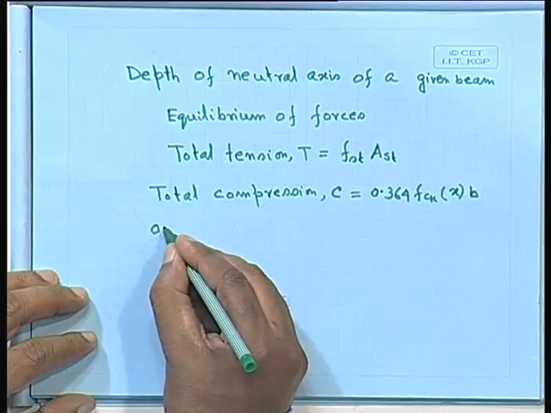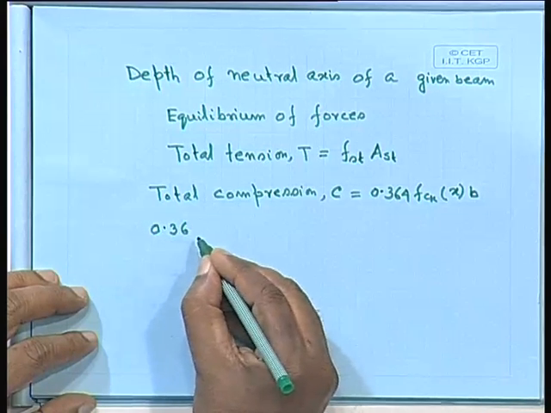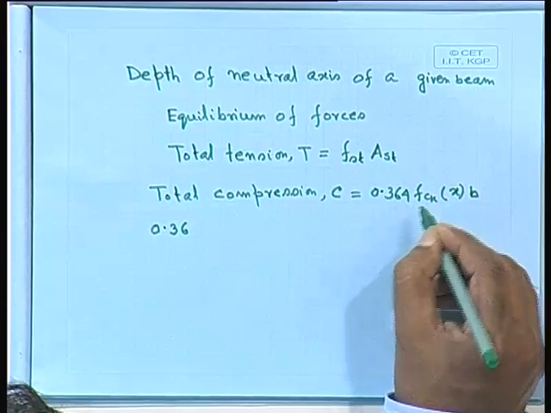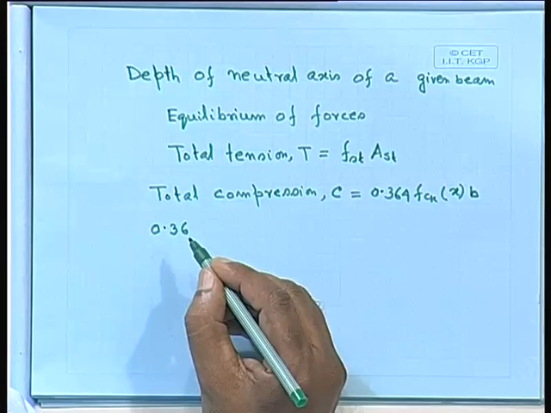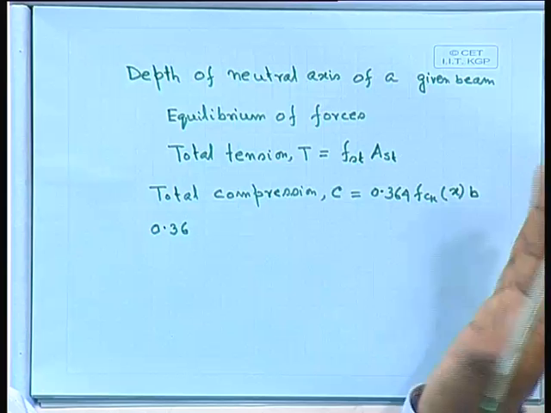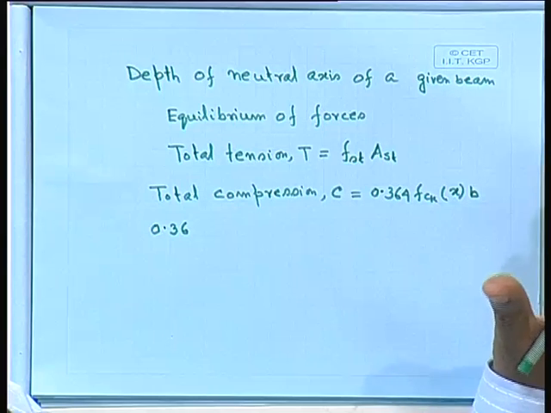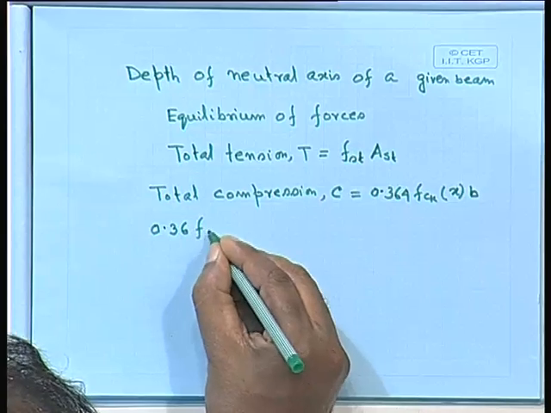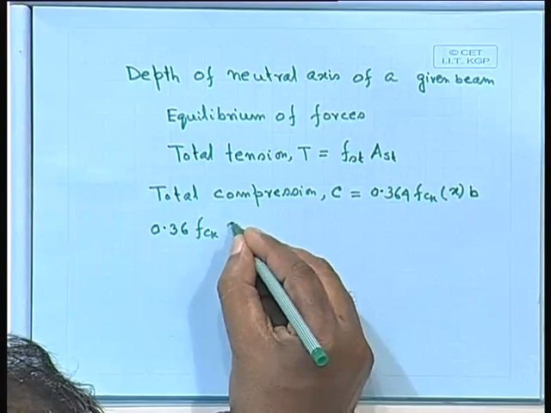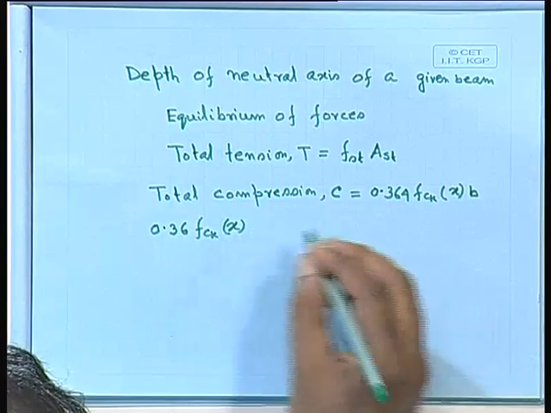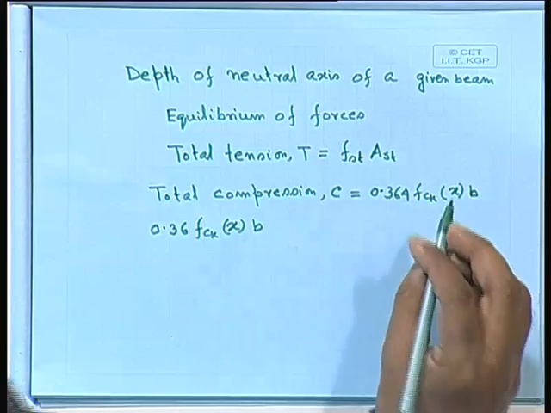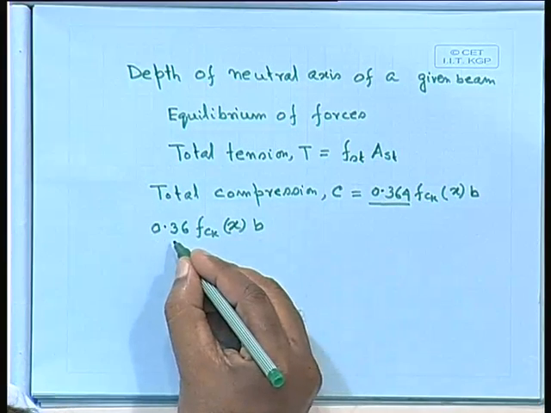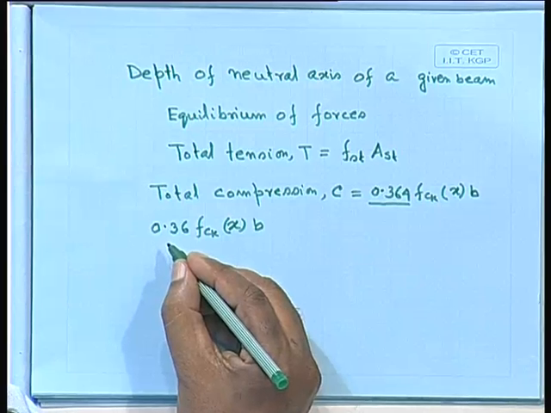Therefore, for equilibrium case, instead of writing 0.364, we also write down 0.36. We can take it because that way we are estimating little less. So, that also we consider. So, let us take 0.36 FCK XB. Let me underline that we have noted down 0.364 and here 0.36. We are taking little less value.